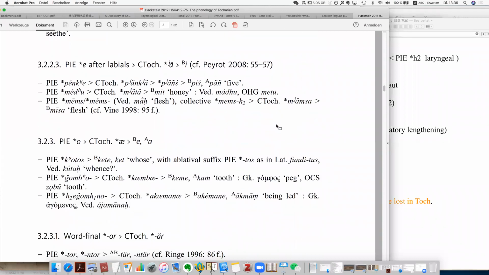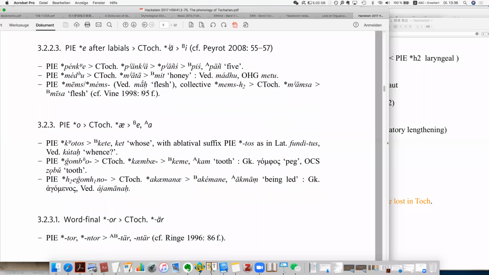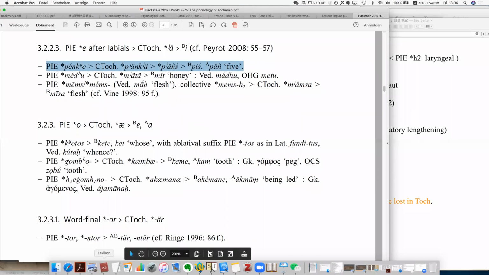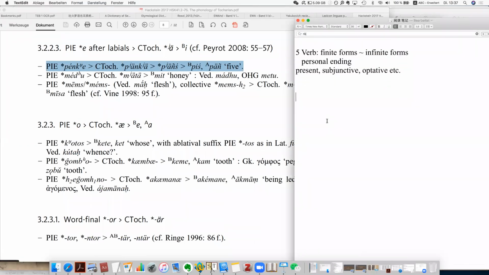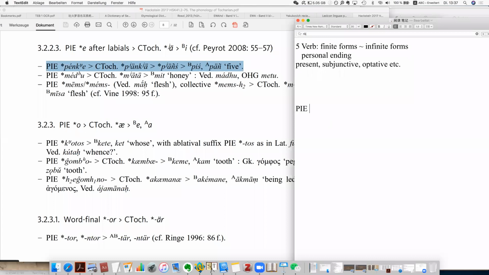As I explained, we can talk about the word for five in Indo-European languages. This is PIE.